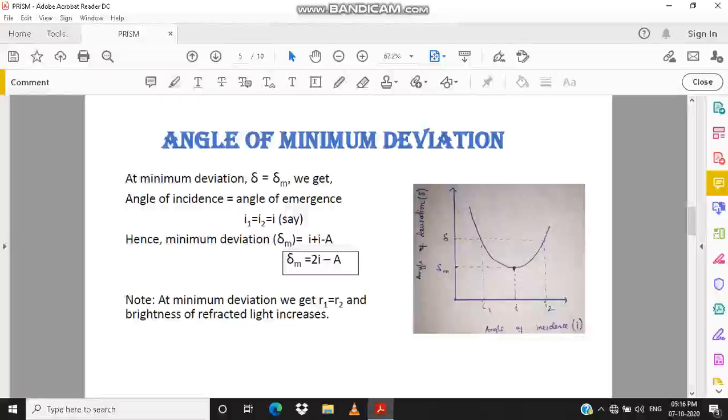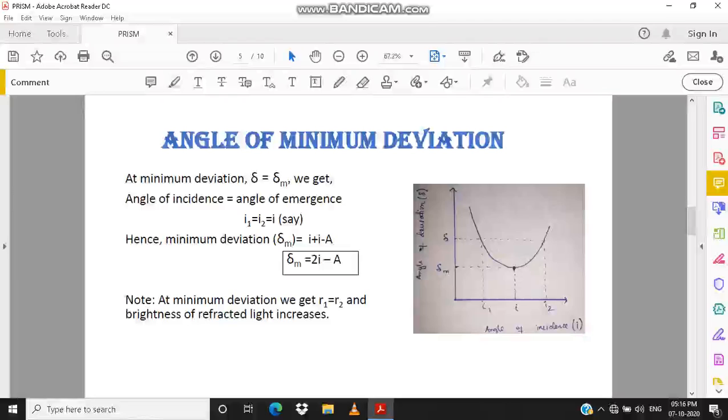Light is incident at certain angles, say 10 degree, 15 degree, 25 degree, 30 degree, and we find the angle of deviation. If we plot those calculations, the graph would be angle of deviation versus angle of incidence. This is the nature of the curve.